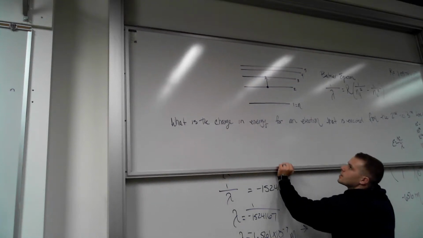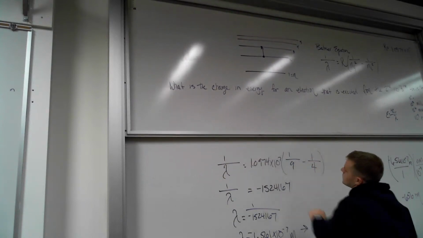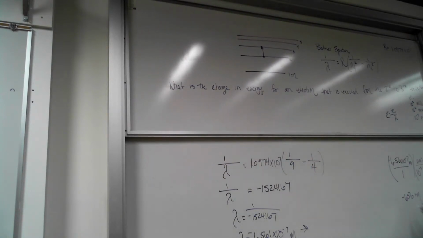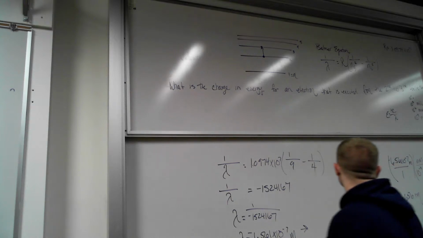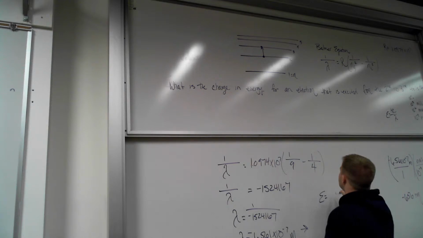So we end up with negative 656 nanometers. What do we do with that number now? Our energy equals hc over lambda. Our h is Planck's constant, which is 6.626 times 10 to the negative 34.